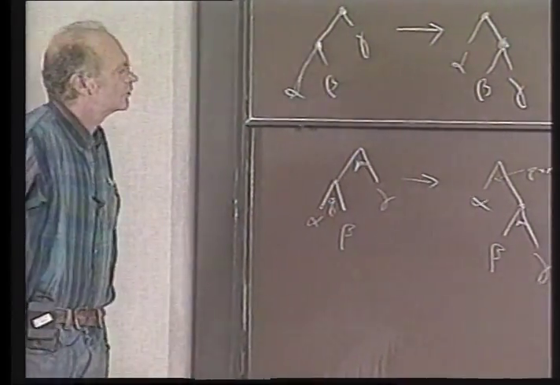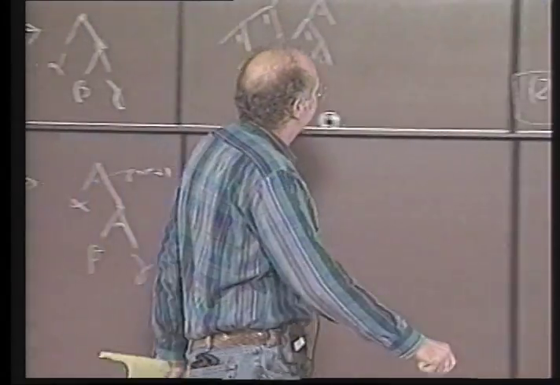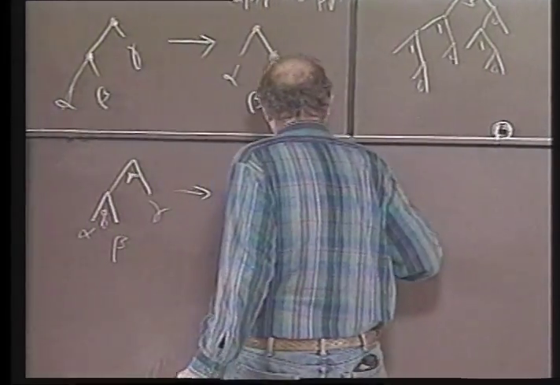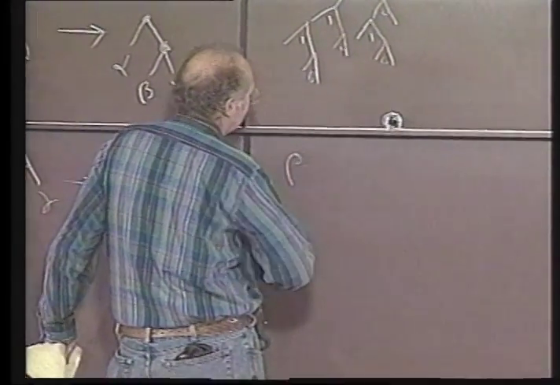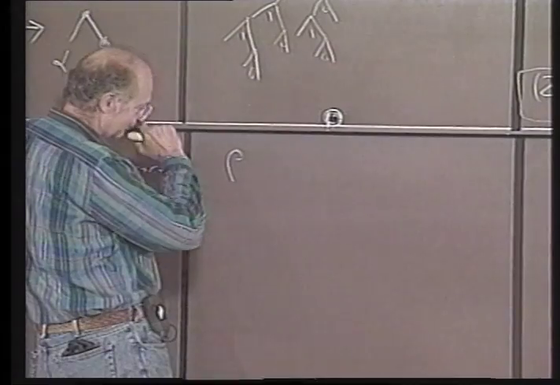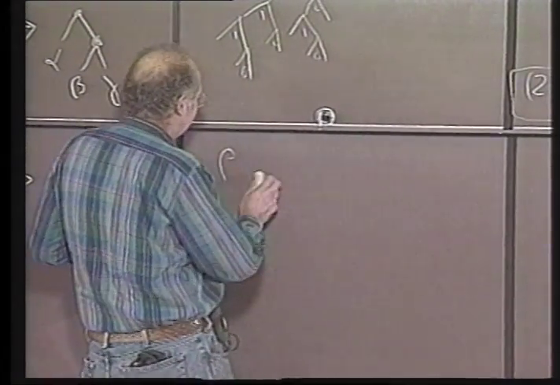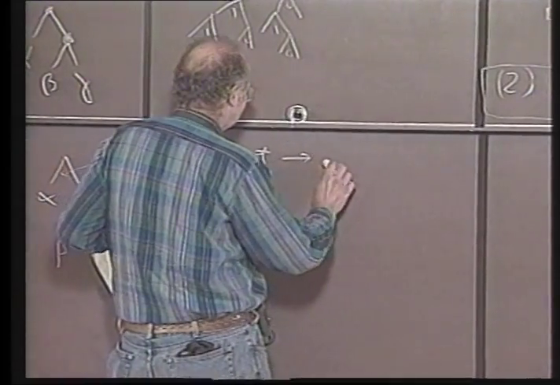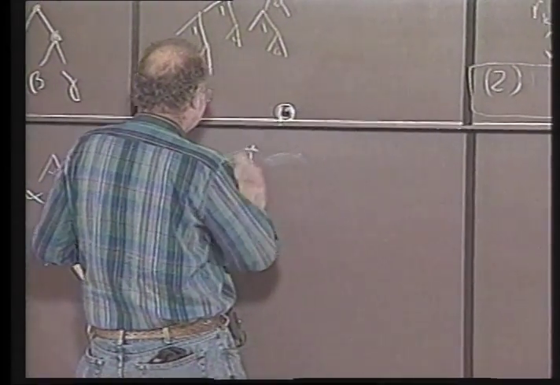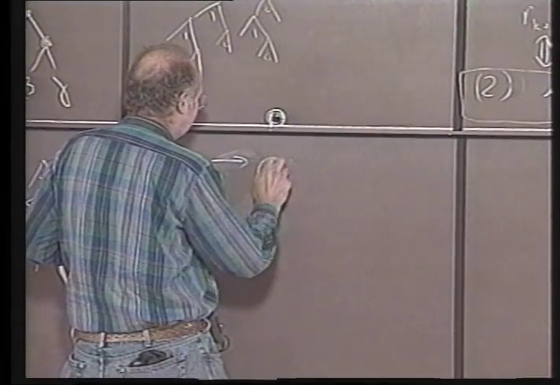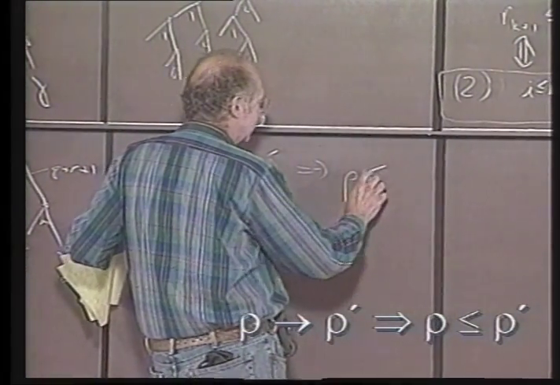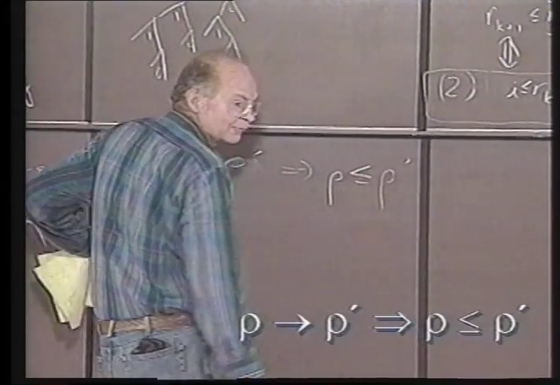Okay? So certainly, if I have rho representing some tree, and then I rotate, let's say rho goes to rho prime, then it's true that rho is less than or equal to rho prime component-wise.